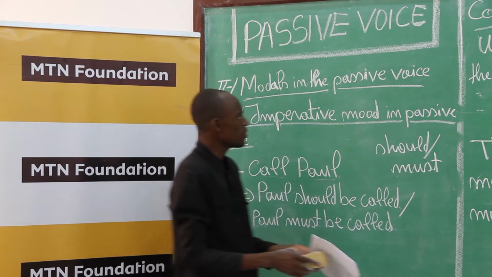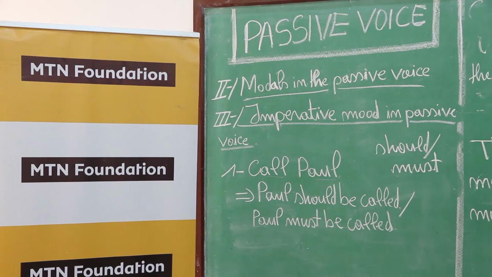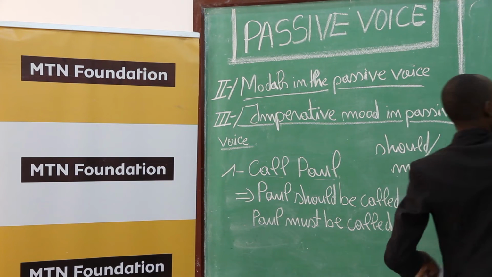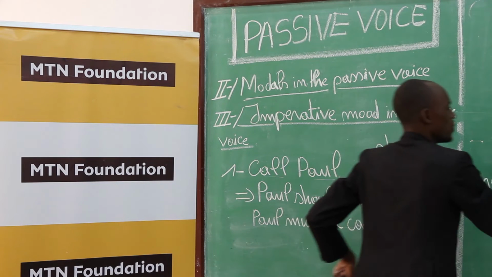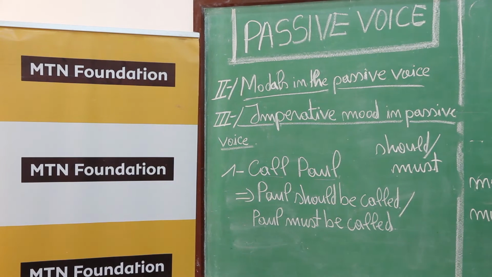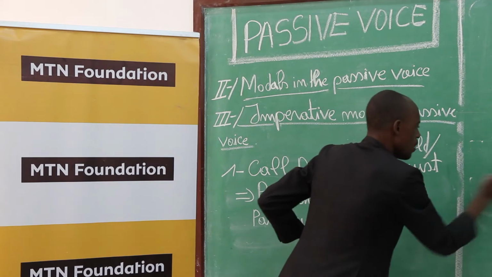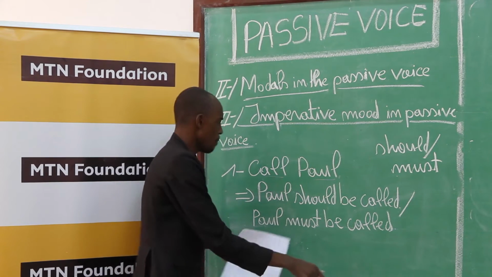Now, let's take another example before concluding this part, before giving you the structure. We are talking about imperative mood in passive voice.